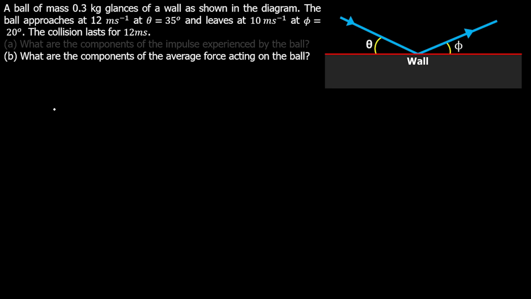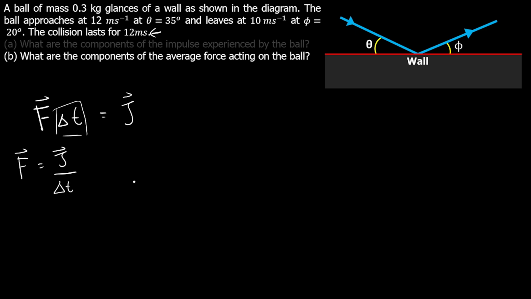So just to remind you that force, right, times delta t, which is the collision time, right, is going to be equal to your impulse, which is what we label J. So we can fairly simply rearrange this equation to get that our force is going to be our J, our impulse, over our delta t. Delta t being the collision time.